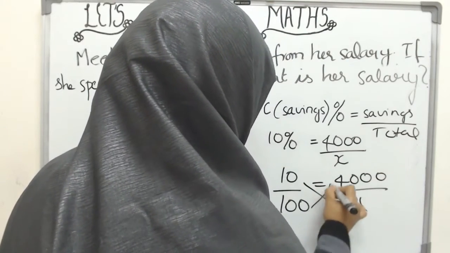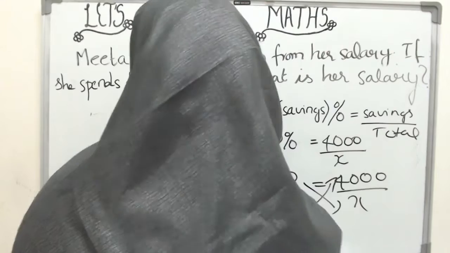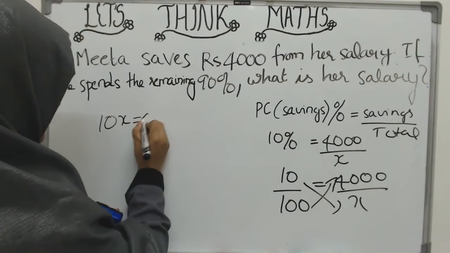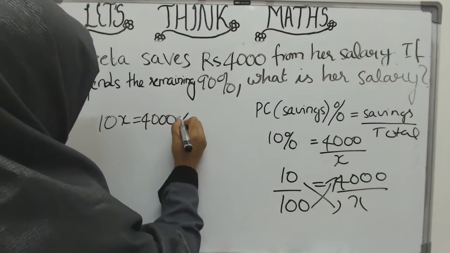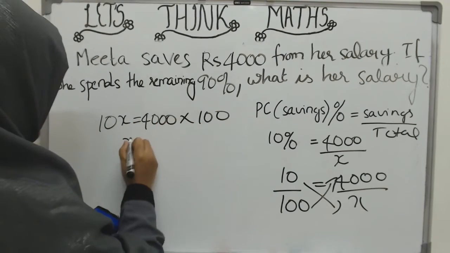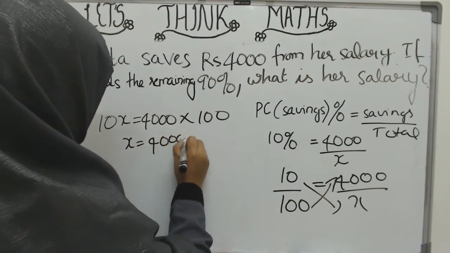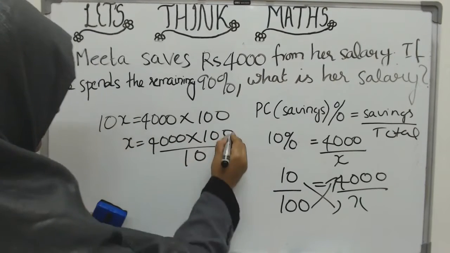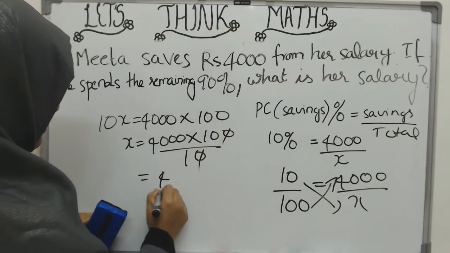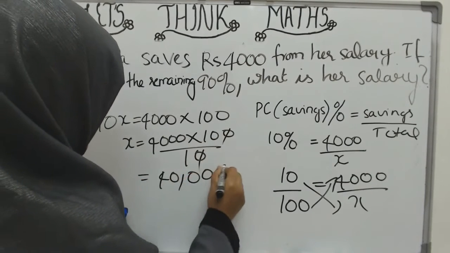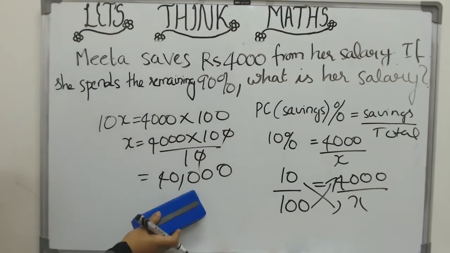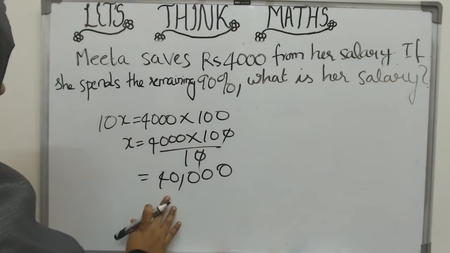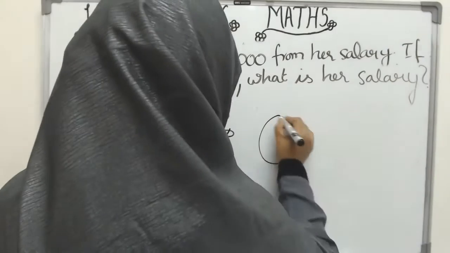Then by cross multiplication, I'll write it over here. So x is equal to 40,000, her actual salary. So you see that her total salary is 40,000.